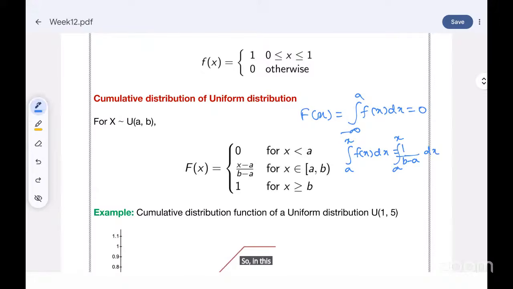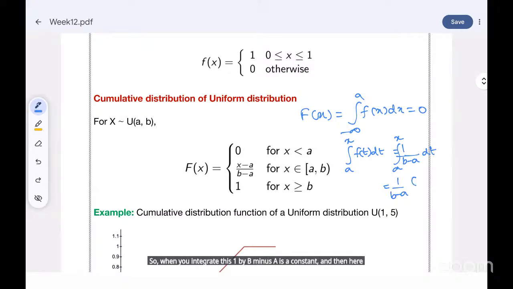So in this case, we have to change this variable to t, let us say. When you integrate, this 1 by b minus a is a constant, and integrating over t from a to x gives x minus a by b minus a. So how did we get the middle part? Is that clear? Yes, ma'am.